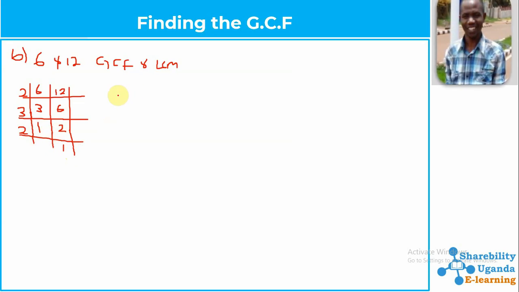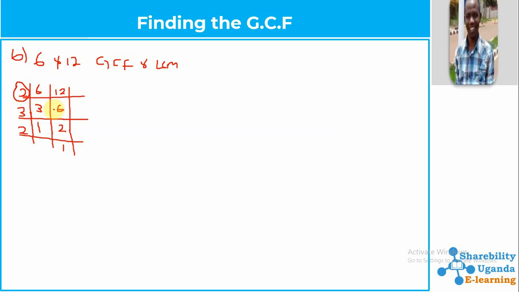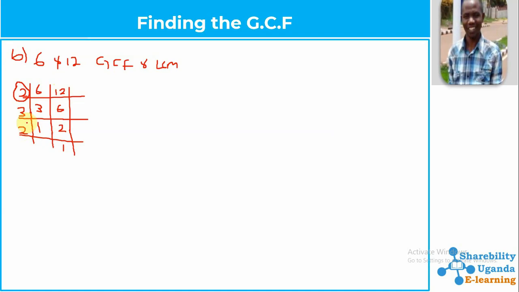For us to find the greatest common factor that can divide all of these numbers, we pick out our 2, because it can divide the 6 and the 12. Our 3 can divide only the 3, but cannot divide the 6. Our 2 cannot divide the 3.